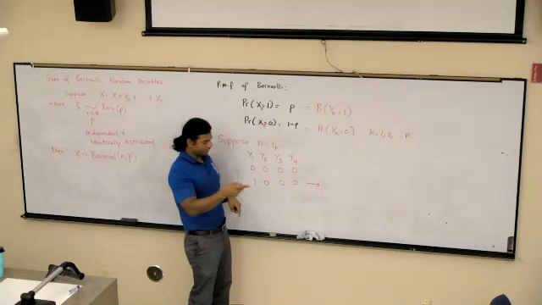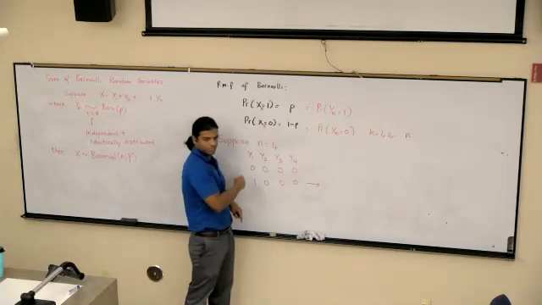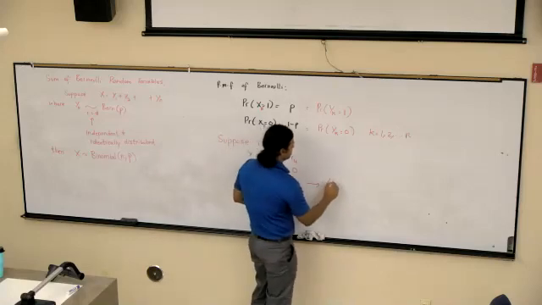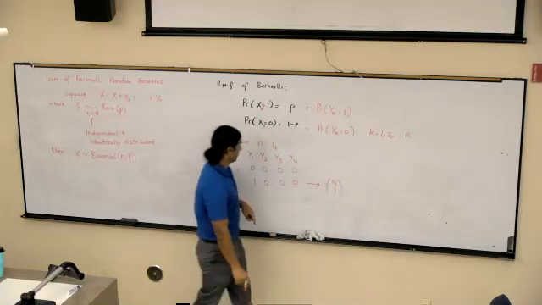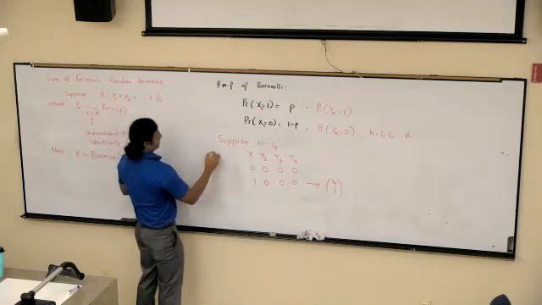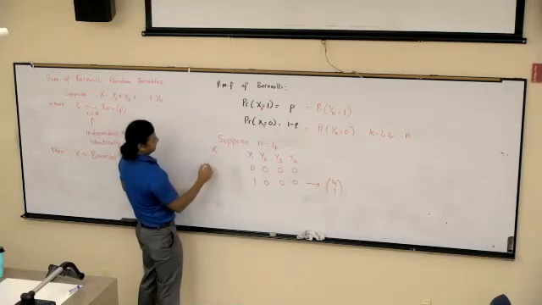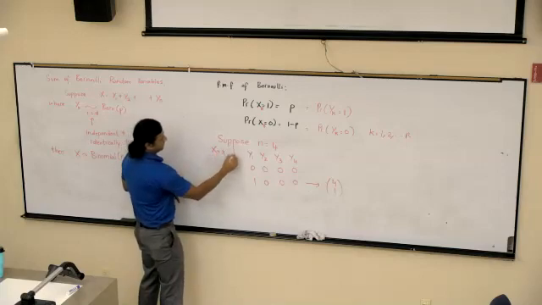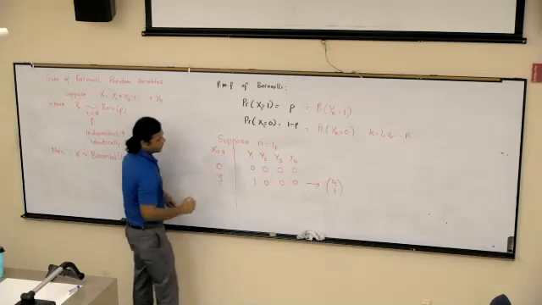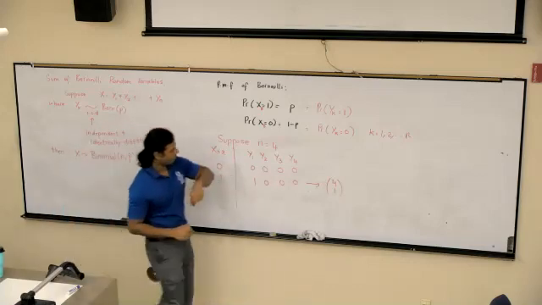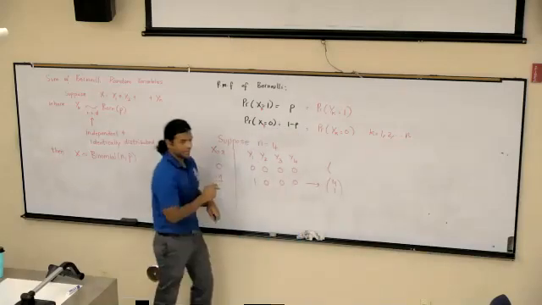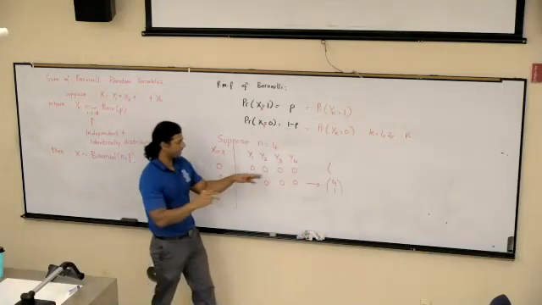I can write that 4 as 4 choose 1, one position for that 1. So X equal to 1 happens in 4 choose 1 ways. And over here, in how many ways could that happen? Exactly 1 way.